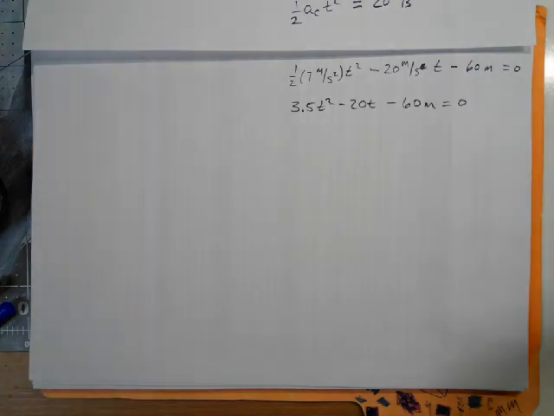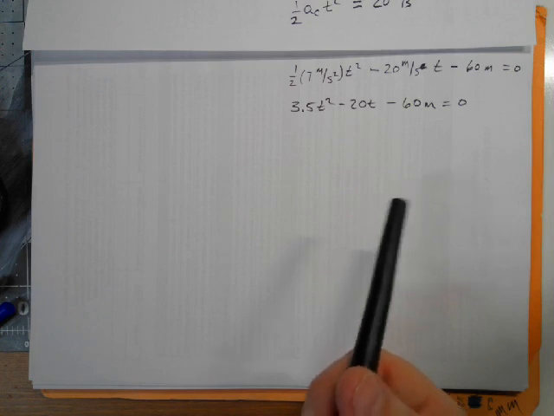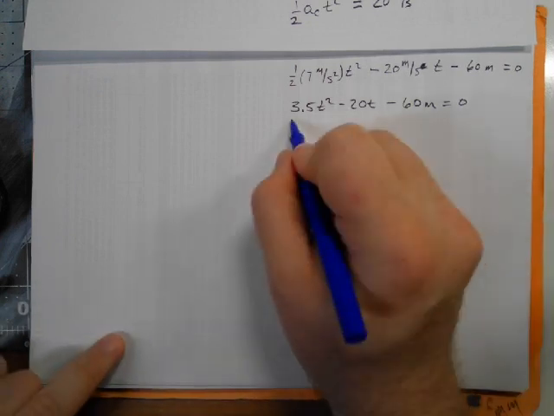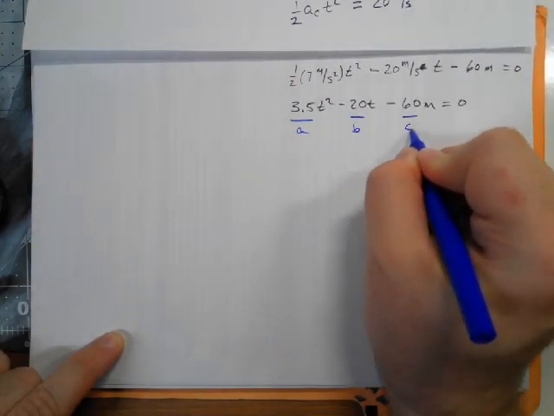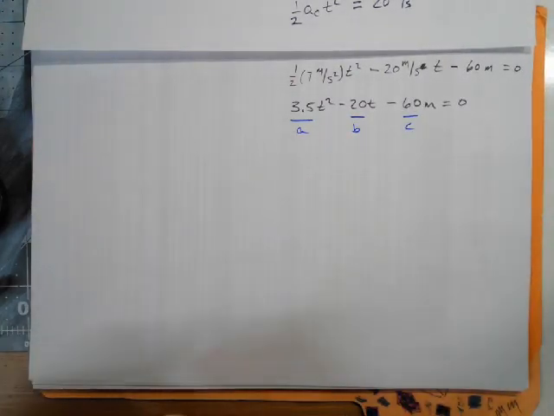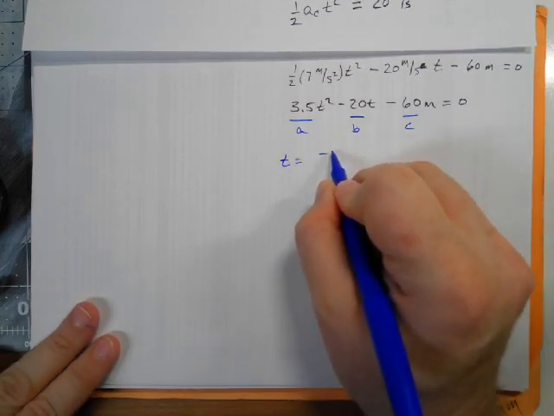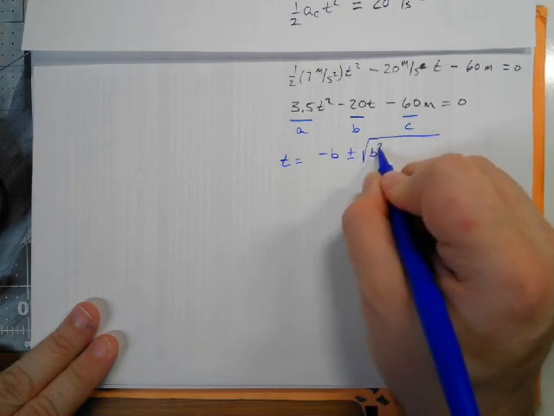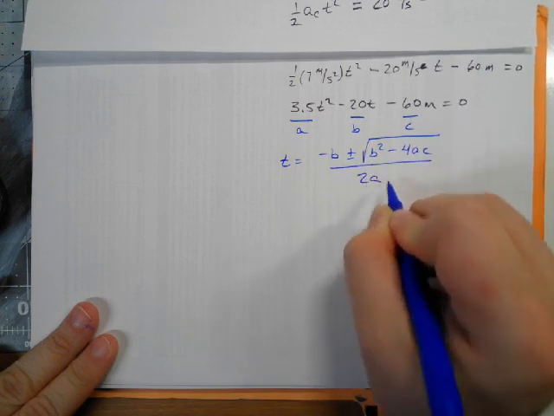Now, if you're on a test, quadratic formula, right? We'd go in and we say, hey, this is our A, this is our B, this is our C. And so the solution should look like minus B plus or minus square root B squared minus 4AC over 2A.